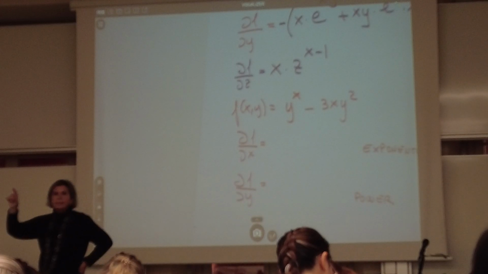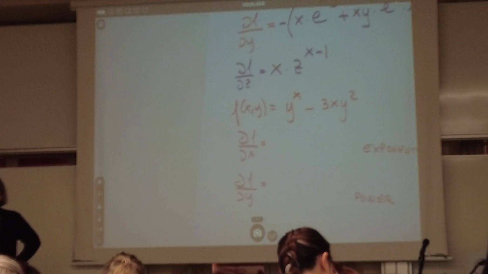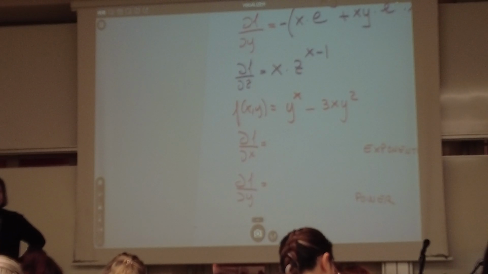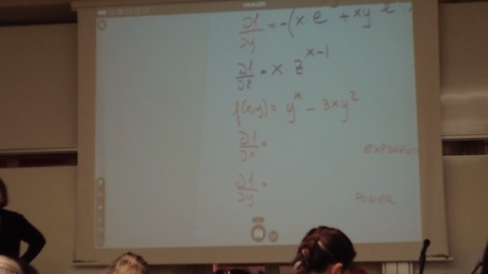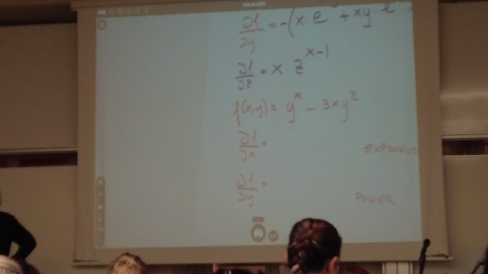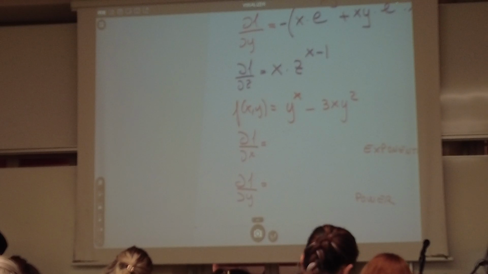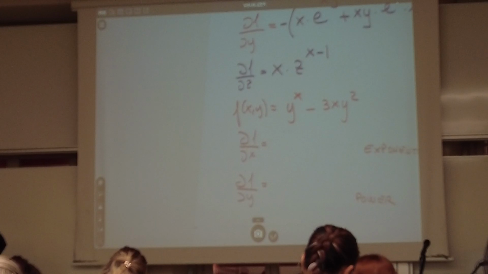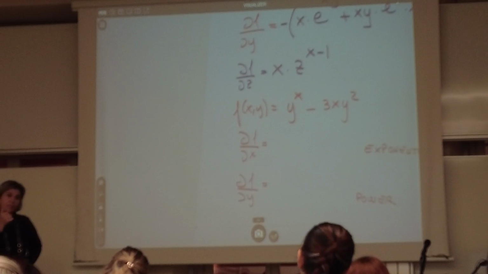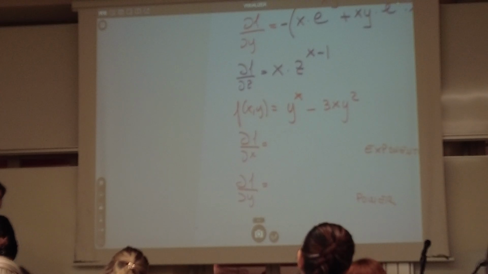With respect to x, y with power x, x is in the power, so it is an exponential. When you derive with respect to y with the power, it is a power rule. So the first one is an exponential rule. The second one is a power rule. It depends on the variable, where it is, yeah?